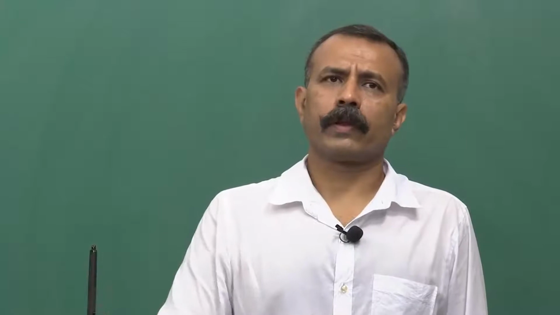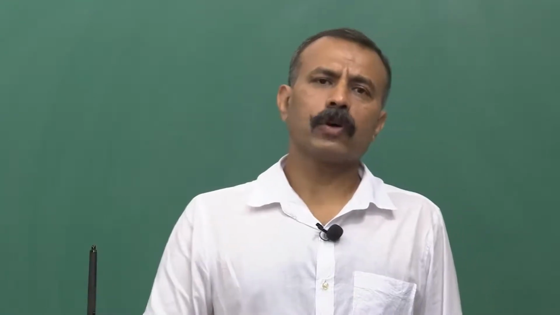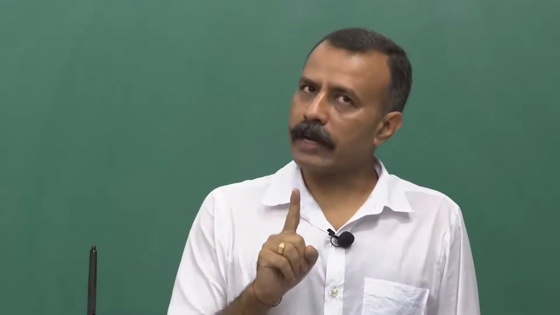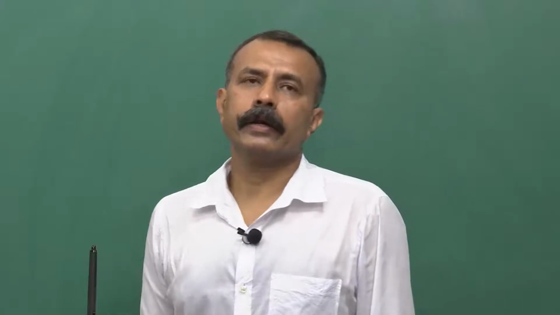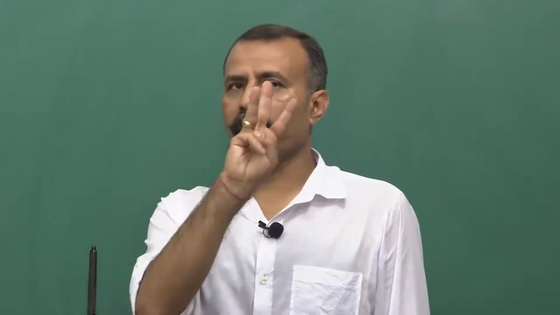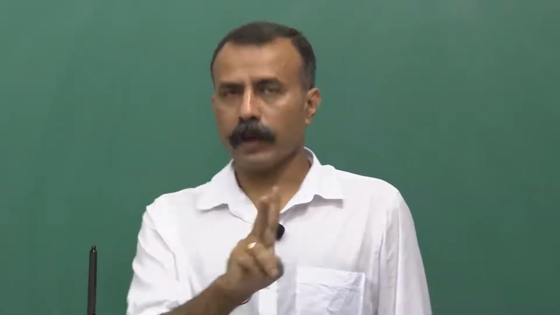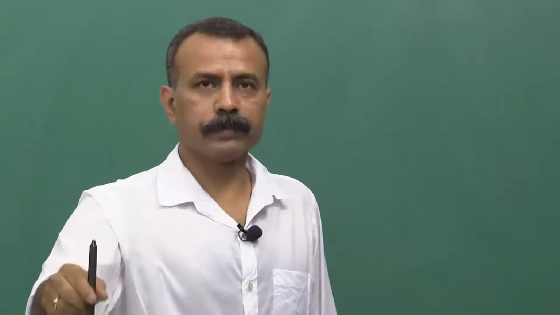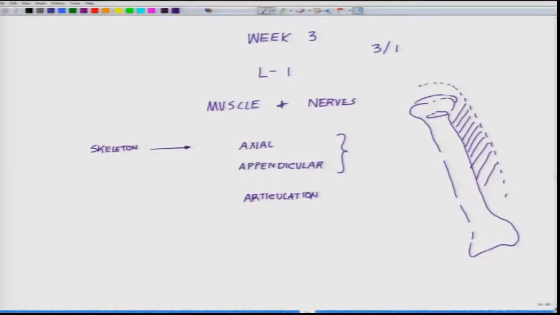Based on their function and certain anatomical features, muscles are divided into three varied groups. The first one, to go back to what I have just talked about, is the muscle that you see out here.